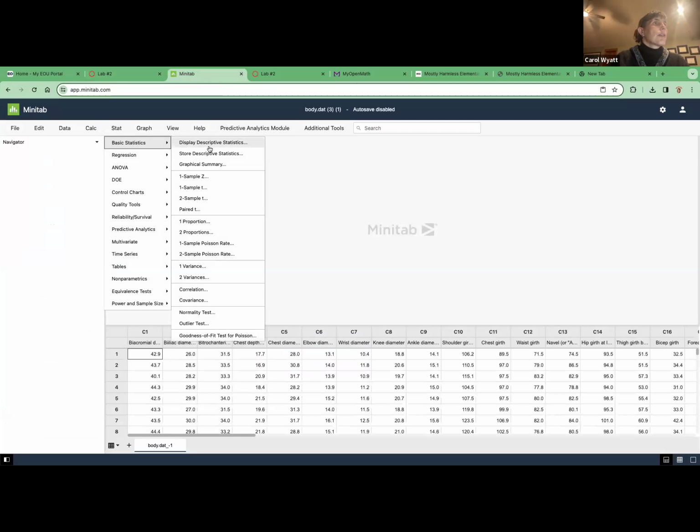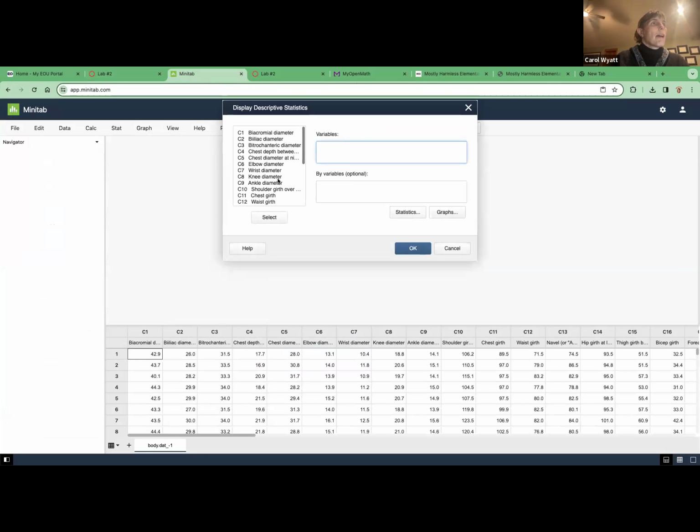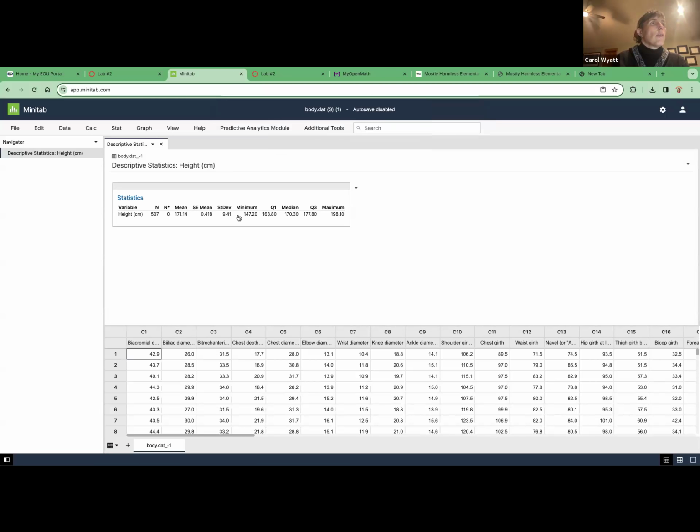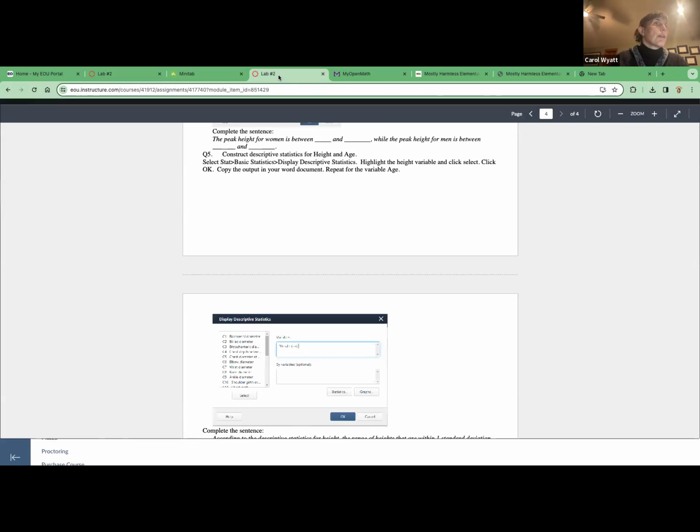Stats, descriptive statistics, height. There those are, and then repeat the same for age. You can actually do this all together, but it says to do it and then repeat it.